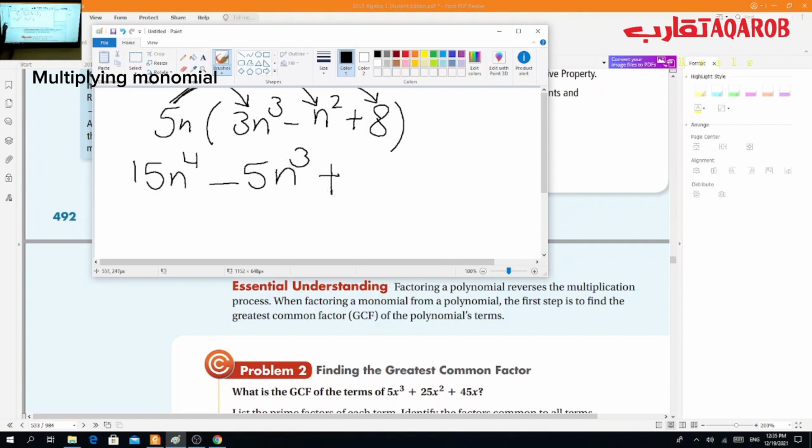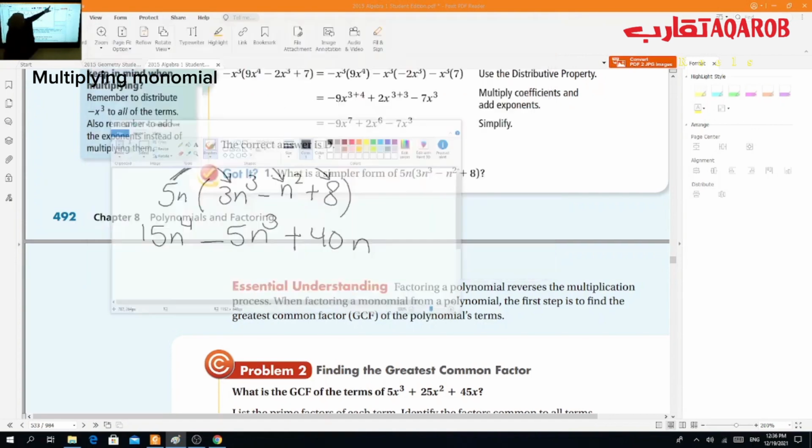Plus 5 times 8, it will be 40. Here I have n to the power 1 and there is no n in the last term, so I will keep it 40. So this is the answer. I get rid of the parentheses by using the distributive property.